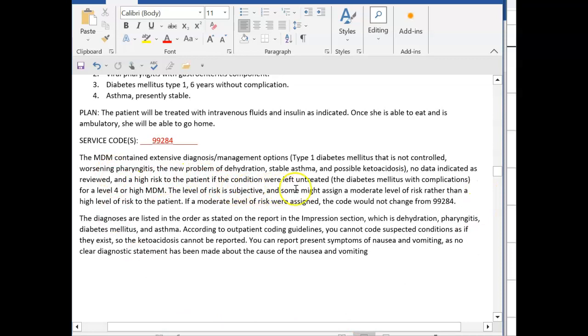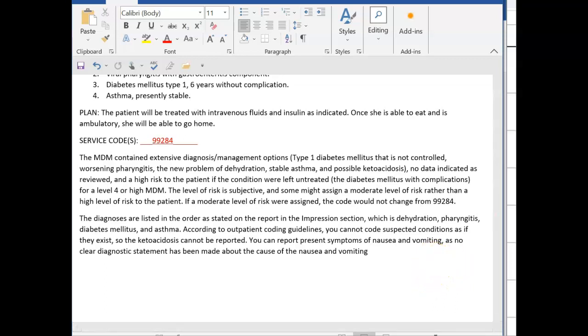High risk to the patient is a condition that was left untreated. If they didn't treat the diabetes with complications, the risk could be subjective. You might assume a moderate risk rather than a high level risk to the patient. If there's a moderate risk, the code would not change from 99284. If you went higher, then it could.